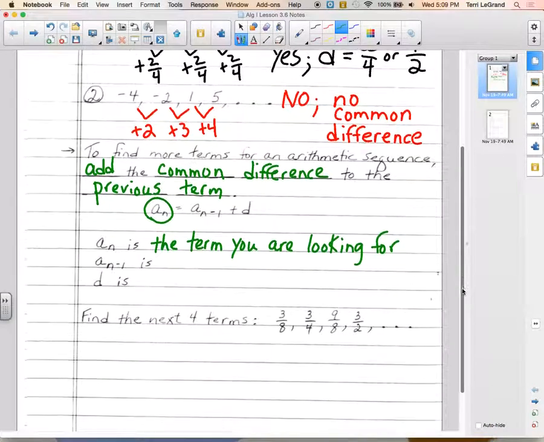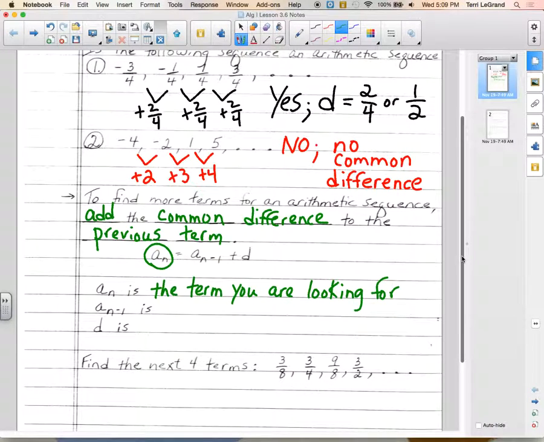So such as up above in our number one, where we have an arithmetic sequence, if we were going to get the next term of that one, we would be looking for the fifth term, because we were given 1, 2, 3, 4 terms of it. The next term would be considered the fifth term. So in that case, we'd be looking for a sub 5. That n tells us which term we're looking for.